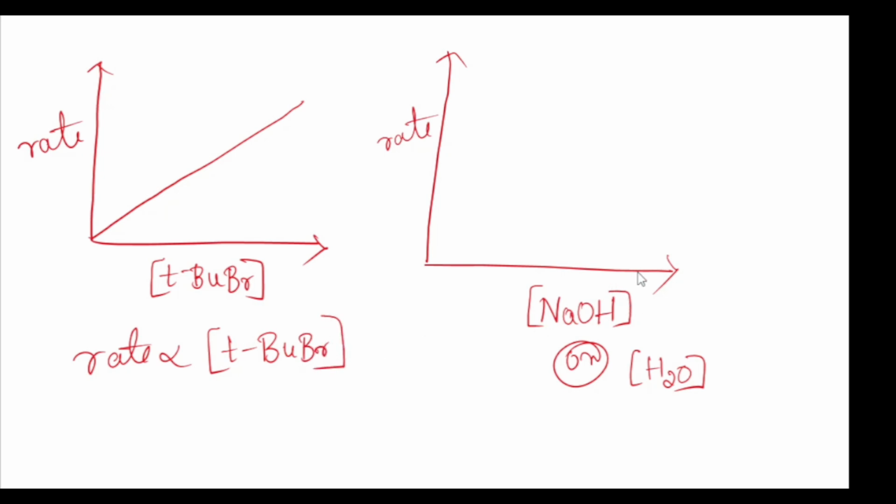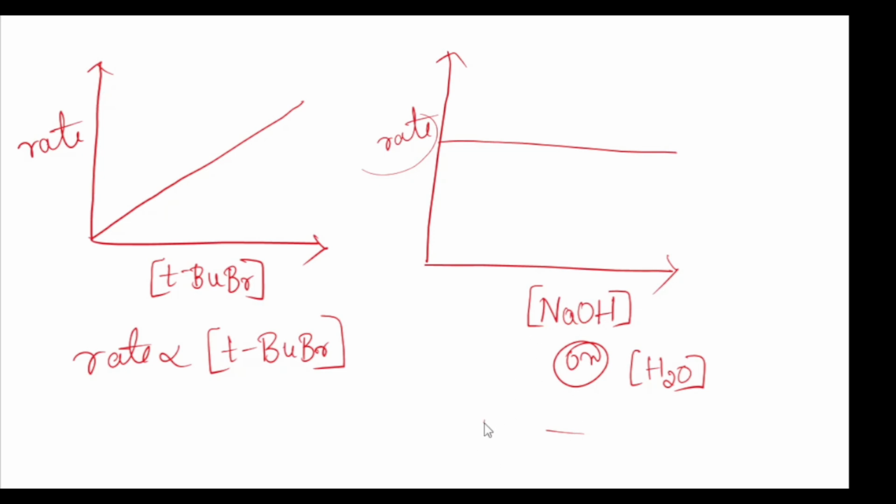Now, when we observe by changing the concentration of NaOH or nucleophile, we get a straight line which looks like this. This means that however much we change the concentration of the nucleophile, the rate is not increasing; rather it is kept constant like this.